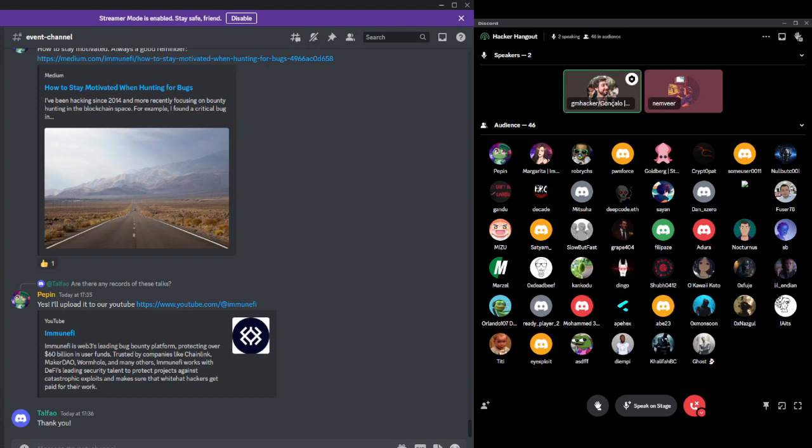Okay, got it. Let me plug my question as well. During bug hunting, I feel like there's at least a little bit of a luck factor of looking into the right code base, the right contracts, etc. But we see that elite hackers seem to constantly deliver on finding critical vulnerabilities, at least with a good level of consistency.